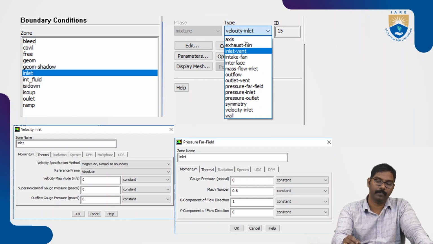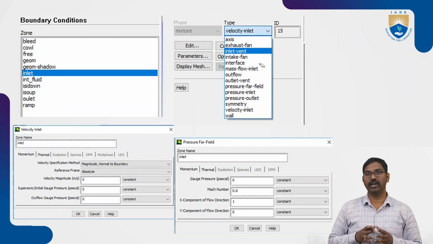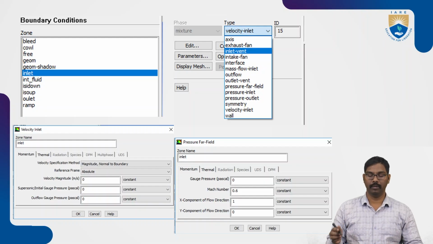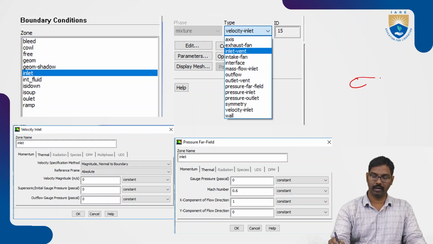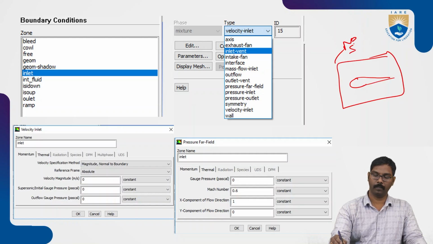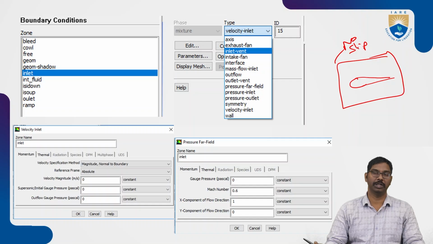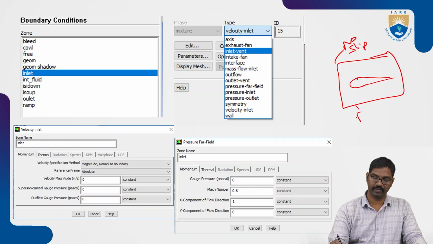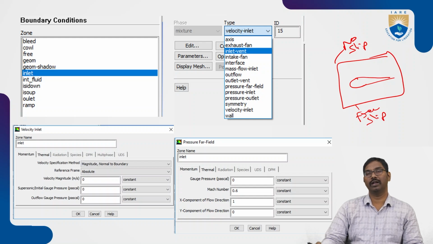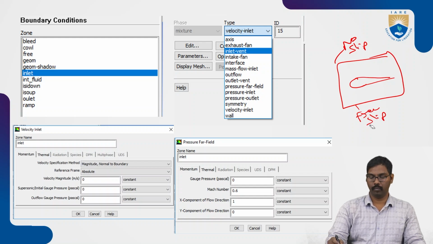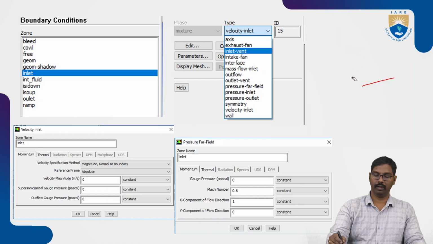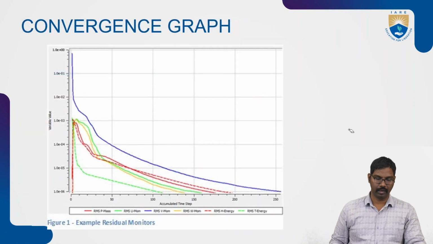Like this, if you are simulating wind tunnel problems, then the domain walls should be considered as no slip walls. If you are solving any problem in the atmosphere, with real flow conditions, then you can consider this as a free slip condition. Then we can get the more accurate results that are required. Like that, based upon the problem, the solution may get converged.